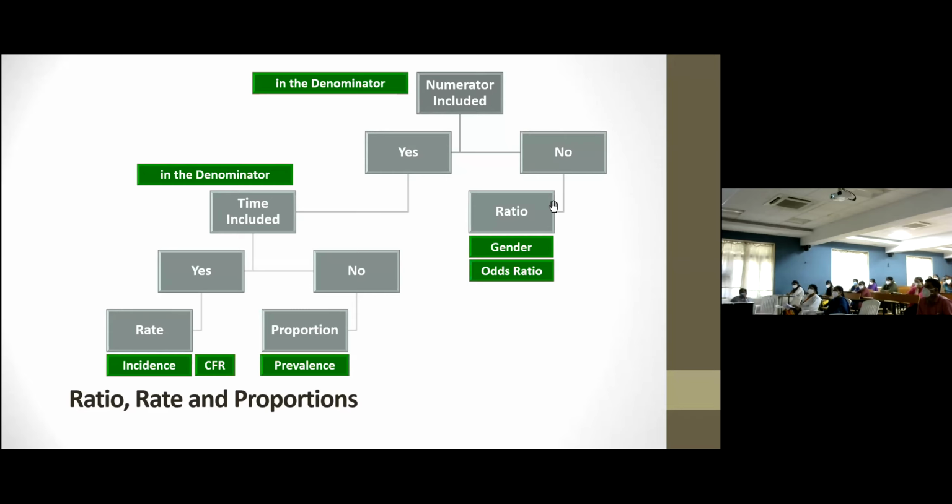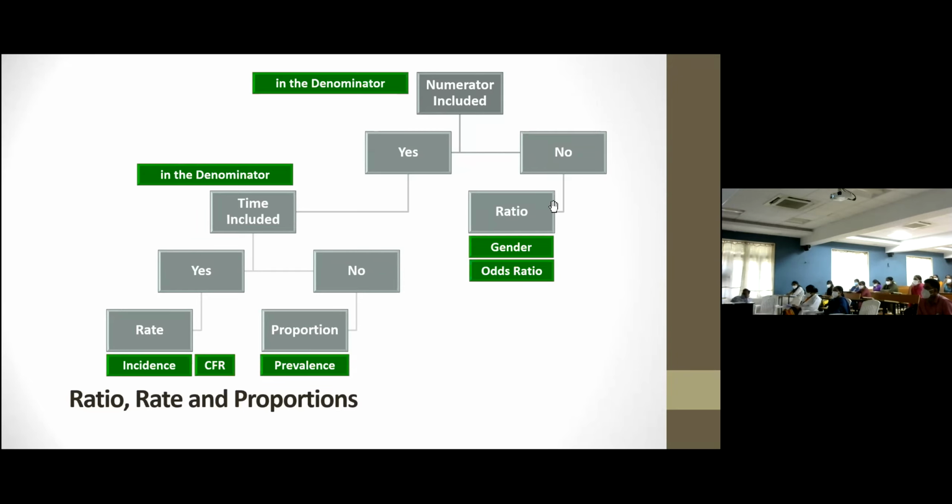When you say a rate, the numerator is included in the denominator, whereas when you say a ratio, the numerator is not included in the denominator. The best example is 53 girl students versus 47 male students: 53 is to 47 is the ratio, whereas 53 divided by 100 will be the rate.